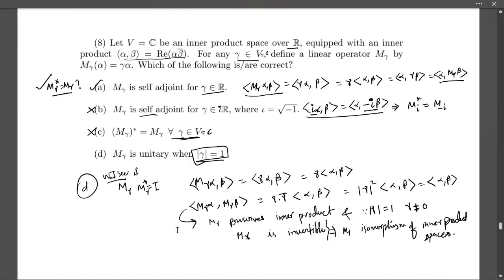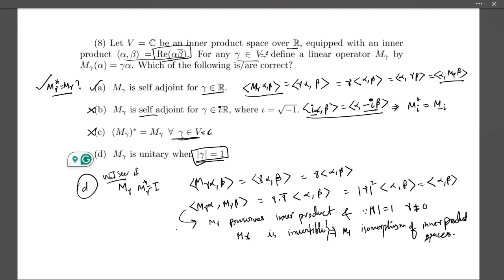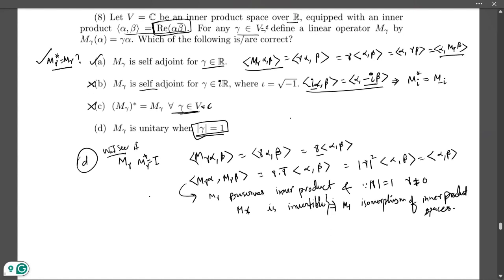So nowhere am I using the inner product structure explicitly. But while taking this gamma outside, gamma inside, this inner product matters. How can I say clearly that gamma goes outside? Because gamma is a complex number, right? So first of all, we should write M gamma explicitly, and the inner product explicitly. Let's say gamma is x plus iy, this fixed.